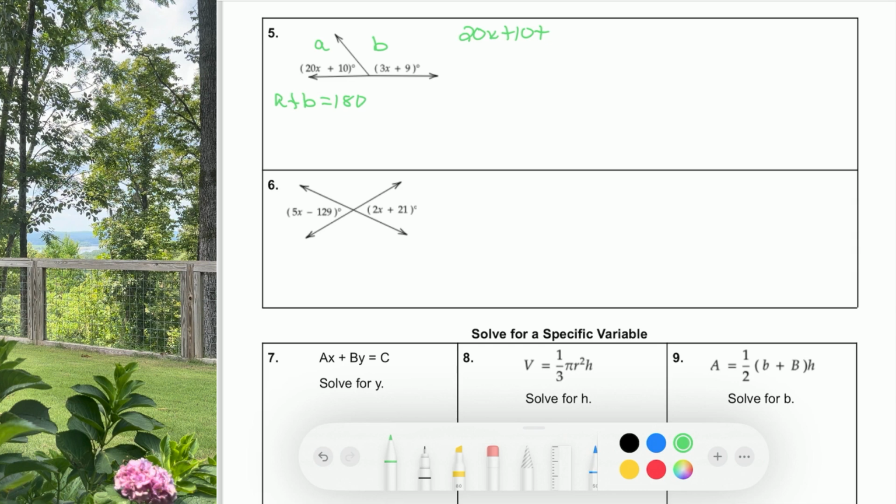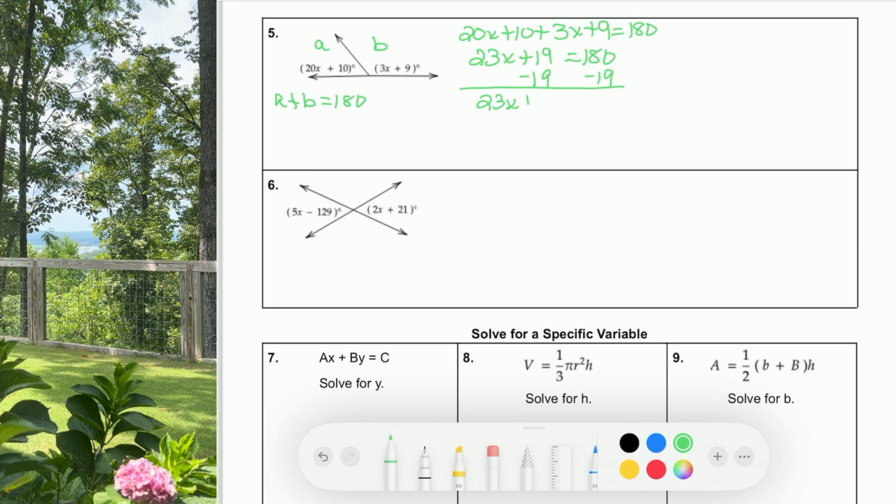And then the angle B is 3x plus 9. And they equal 180. 20x plus 3x is 23x. 10 plus 9 is 19. We get 180. Now I'm going to subtract 19 from both sides.